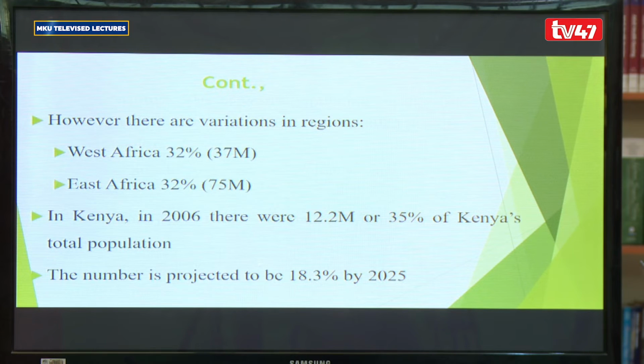However, there are variations in regions. When we talk about Africa, there is a variation. For instance, in West Africa, 32%, which accounts for 37 million. In East Africa, we have 32%, which accounts for 75 million. In Kenya, from 2006, there were 12.2 million, or 35% of the Kenyan total population.